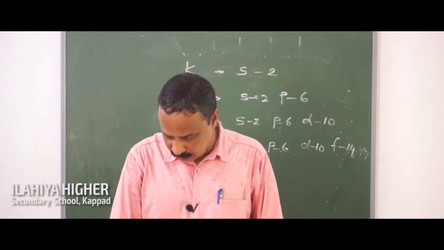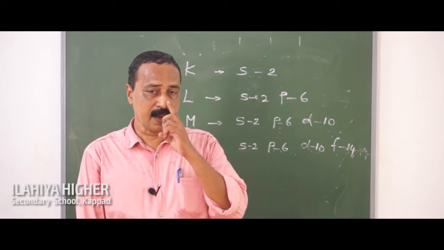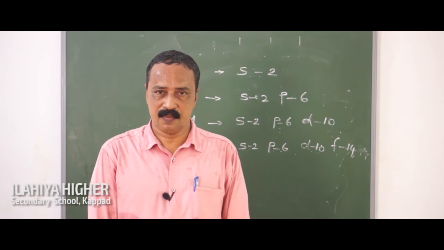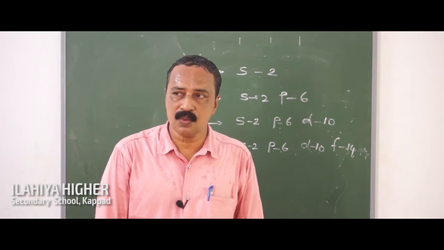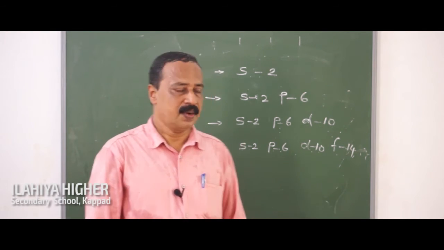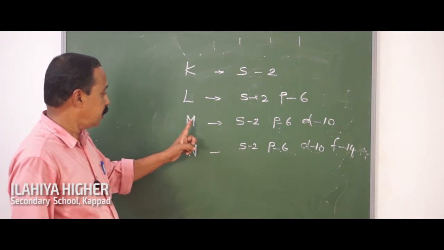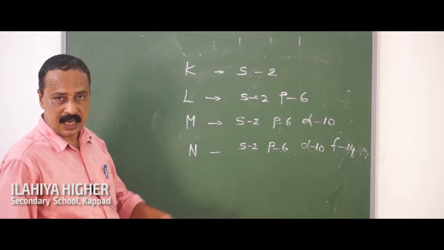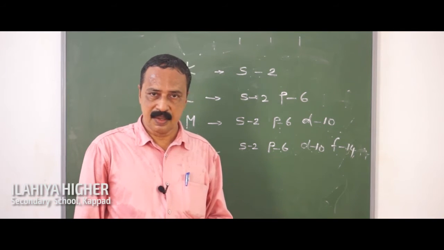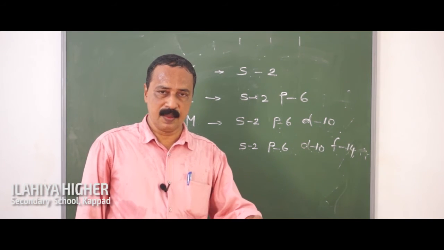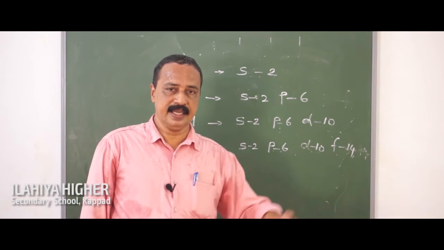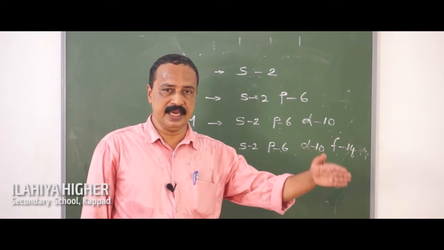Then how can we represent the subshells? Representation of subshells. How many shells are there? K, L, M, N. These are the shells. Subshells are S, SP, SPD, SPDF.